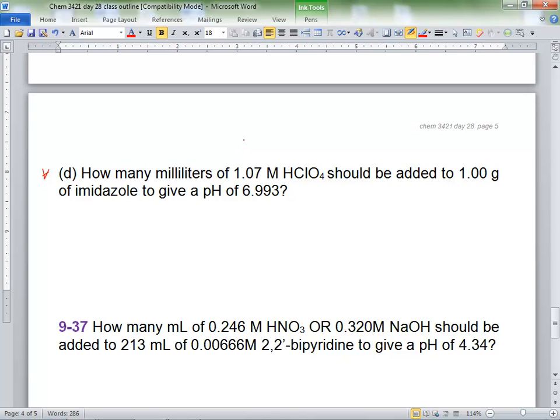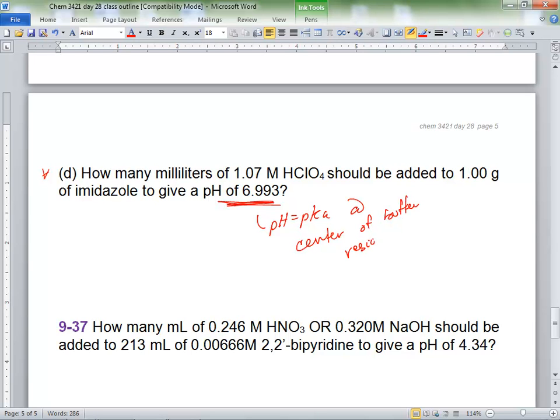At least that's how I work it out, because I recognized this is right where pH equals pKa. So I'm at the center of the buffer region. That means the number of moles of A minus exactly equals the number of moles of HA.